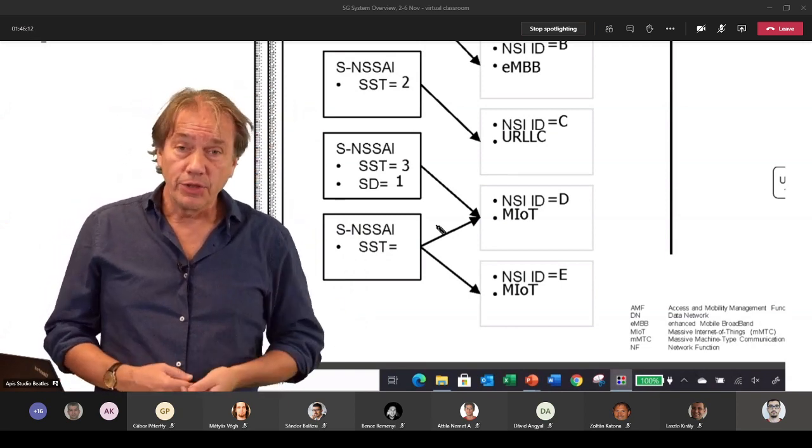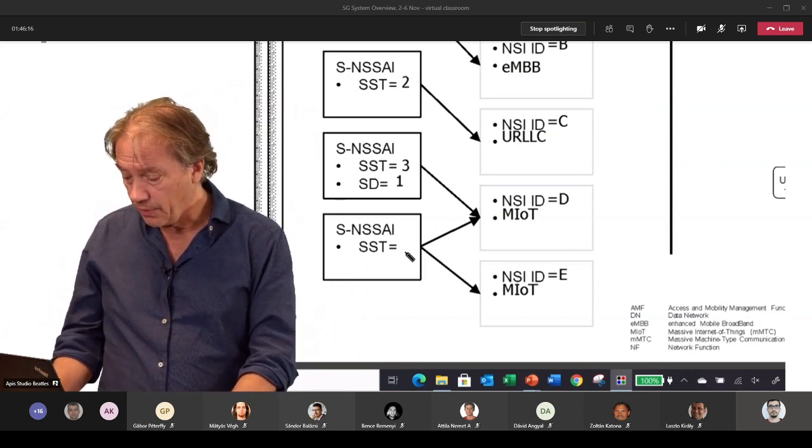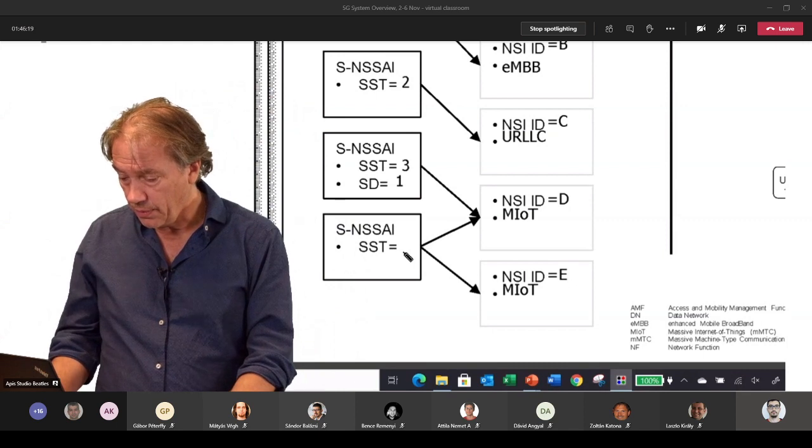While yet another user equipment just indicates SST value 3.